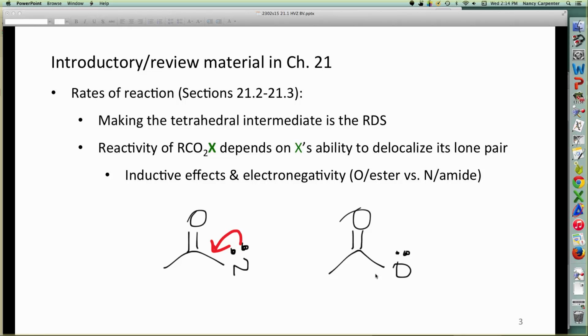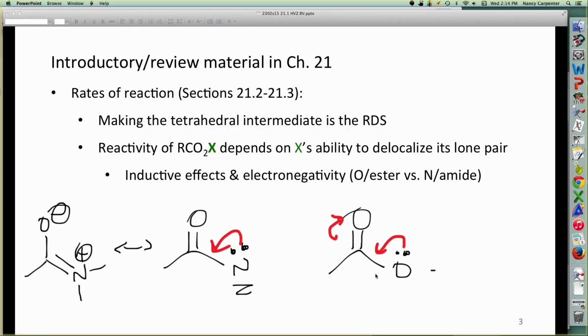Let me just say, it has a much larger contribution of this resonance contributor than does the oxygen. Because nitrogen is not as electronegative. So an ester or an acid has the same resonance contributor too, but this one is not as favorable because you're putting a positive charge on an electronegative atom. So that's kind of Chapter 1 stuff.